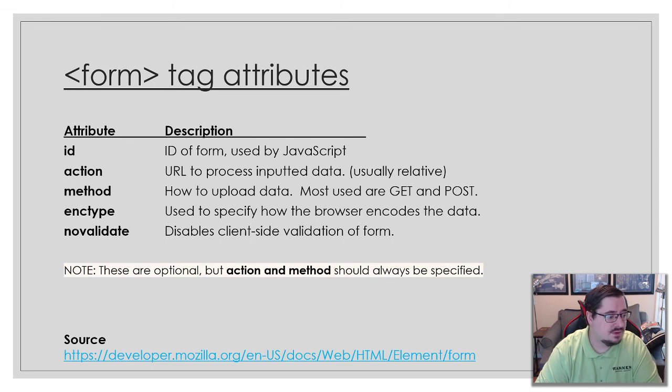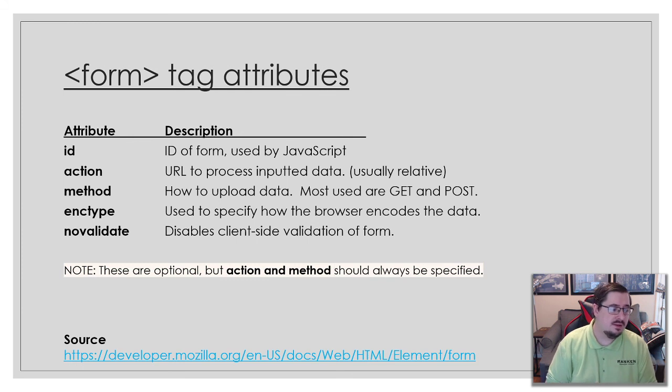Okay, so let's look at some of the common attributes that you might put on the form tag. The first one is the ID, that same ID attribute that you see everywhere in HTML. We'll typically want to add that because we'll need it in order to refer to the form in JavaScript.